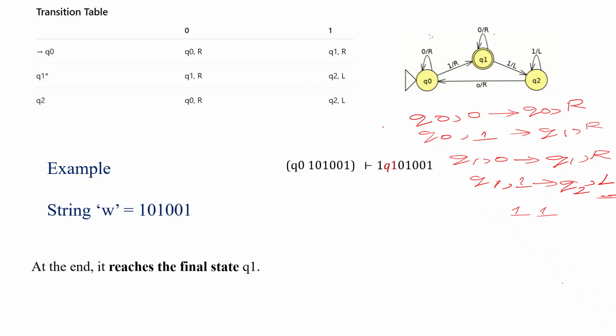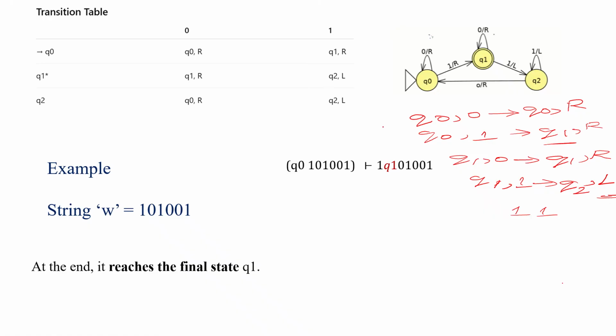When it reads a single one, it changes the state. Here it has read two ones, so the direction is left-hand side. So when it reads one, the state changes, but if it encounters two ones, the direction also changes.